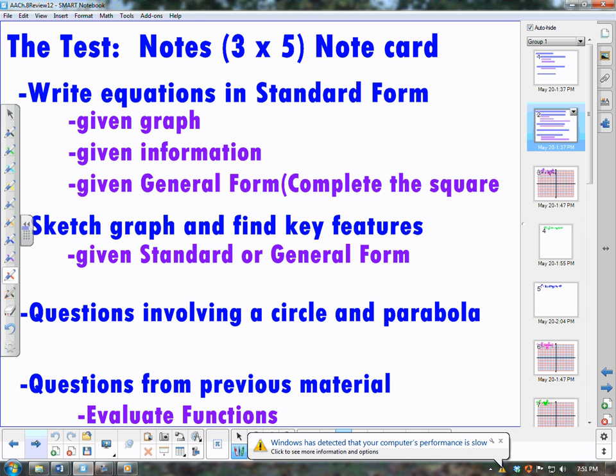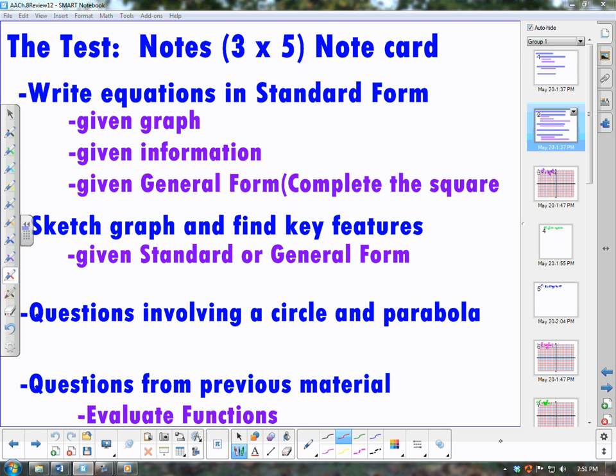You'll also have to sketch the graph and find key features given the things in standard form and in general form. And you'll have some questions involving a circle and a parabola. And then you'll have some questions from previous material, particularly evaluating functions. I just want to make sure you remember how to do that.